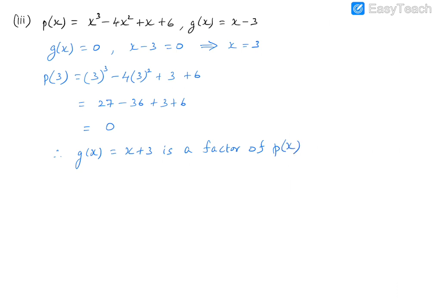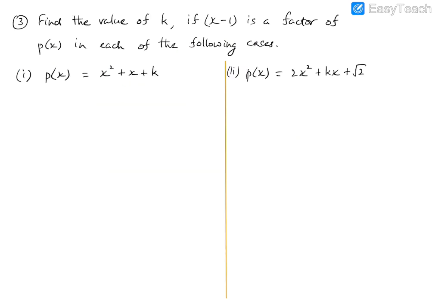Okay, so we have seen how to check whether a given binomial is a factor of a polynomial or not. Now the third problem deals with finding the value of k in the polynomial, given that the binomial is a factor of the polynomial.